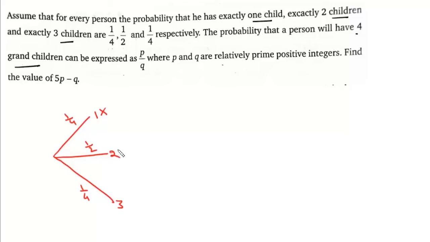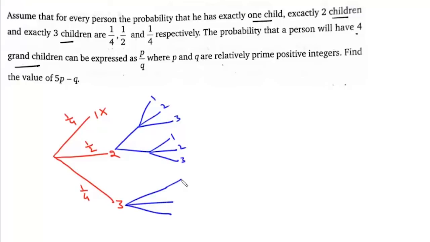So if he has 2 children, then each of these 2 children can have 1, 2 and 3 children. And in the same way, for 3 children also, it will be this 1, 2 and 3.